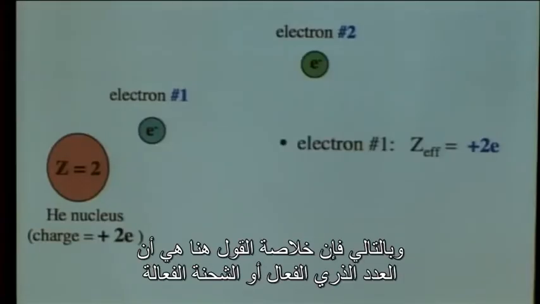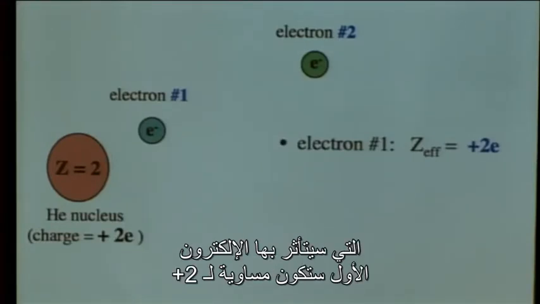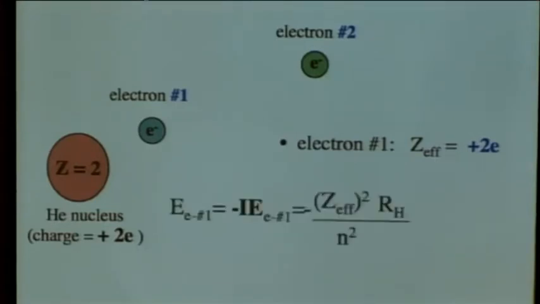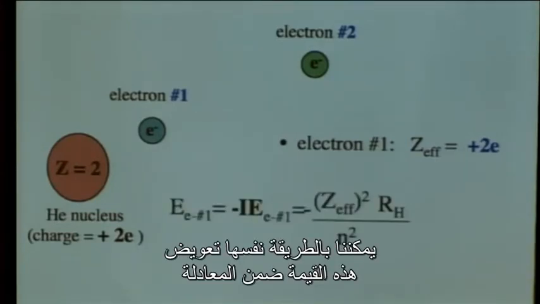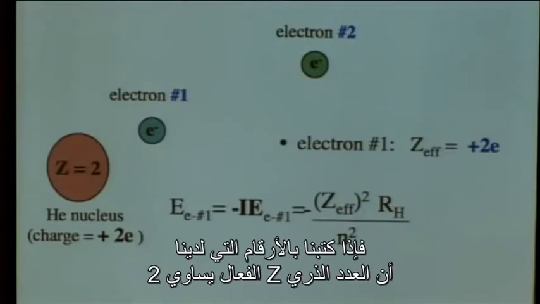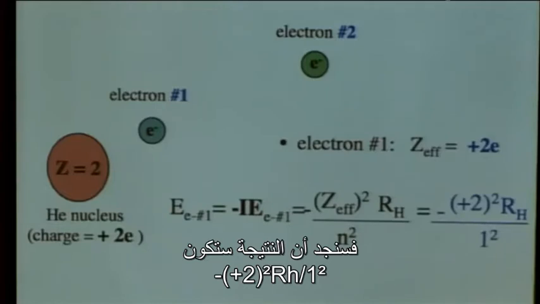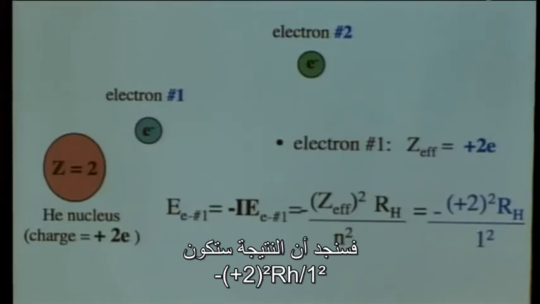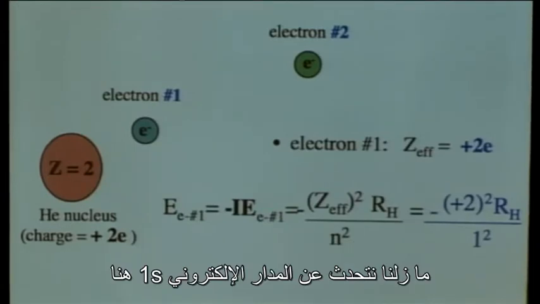So what we end up saying is that the Z effective, or the effective charge that that first electron feels, is now going to be +2. Again, we can just plug this into our equation. If we write in our numbers, saying that Z effective is equal to 2, we get -2 squared RH, all divided again by 1 squared. We're still talking about a 1s orbital here.